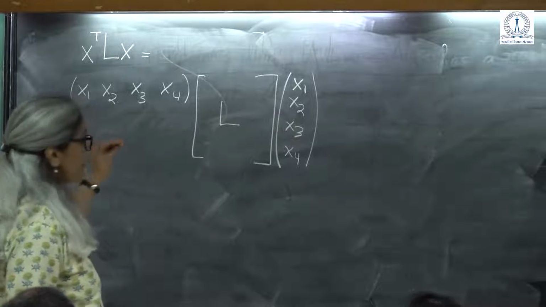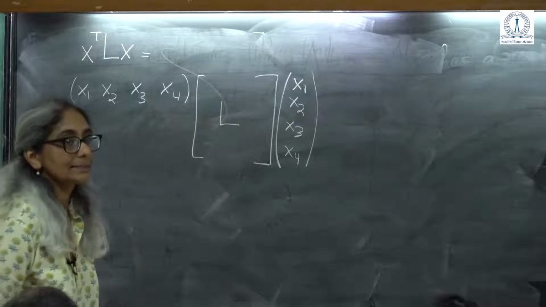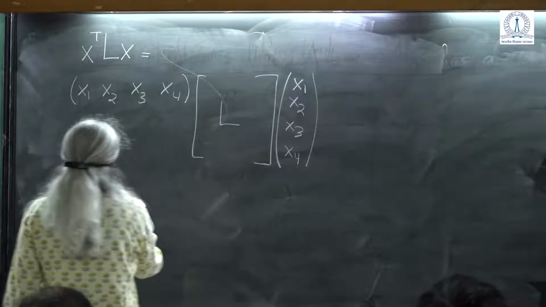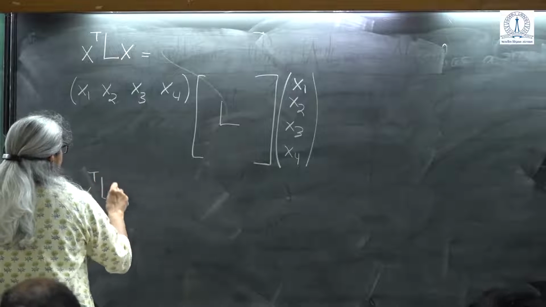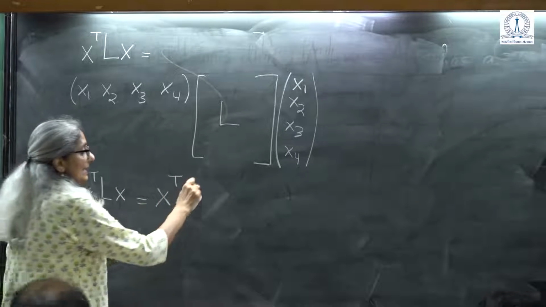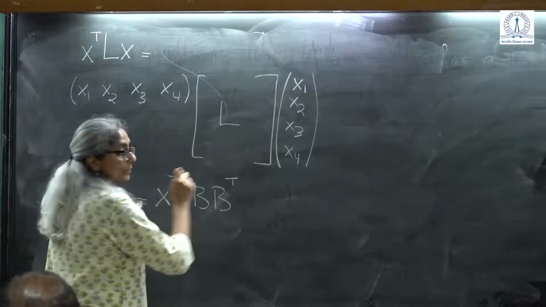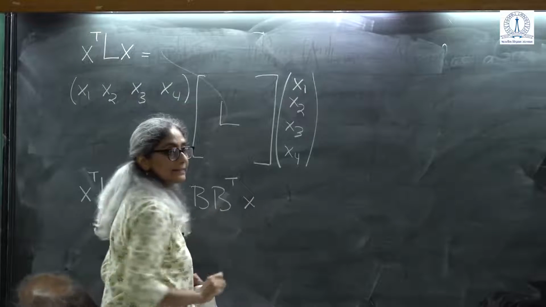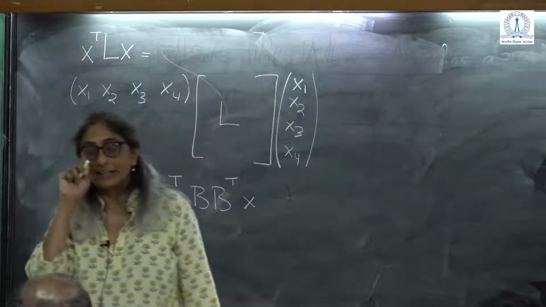And can we see what that is for a Laplacian? So in general, if I have x transpose Lx, let's write L as BB transpose. We know there is some B that does this. Now do you see what that is?